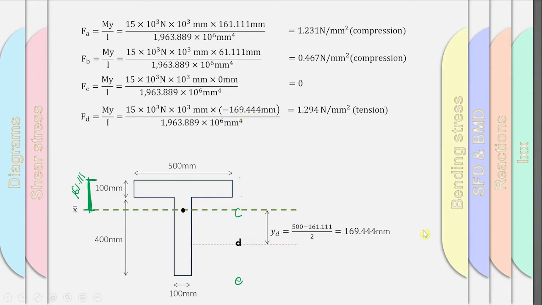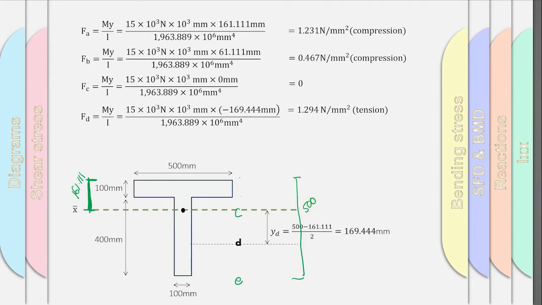As simple as 500 minus 161.111 and divide by 2. How do you get this 500? Because from the top, the whole height of the section of the beam is 500.